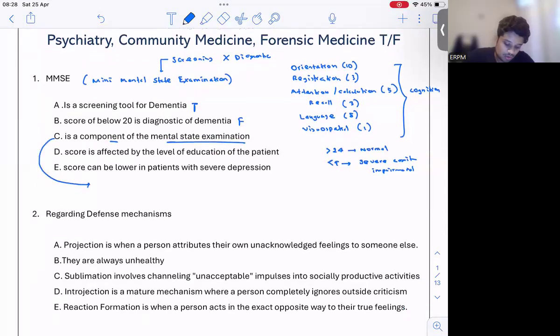You can remember it as ASMT PCI: appearance, speech, mood, thoughts, perception, cognition, and insight. As you can see, cognition is a part of this mental state examination. So there we can include MMSE under the cognition part. So that is true.